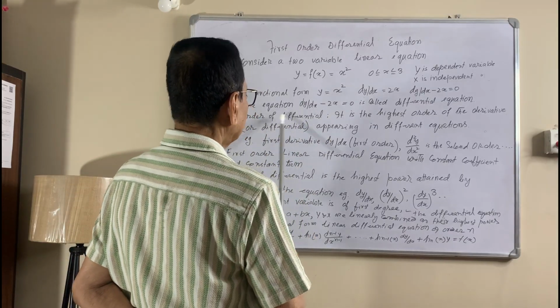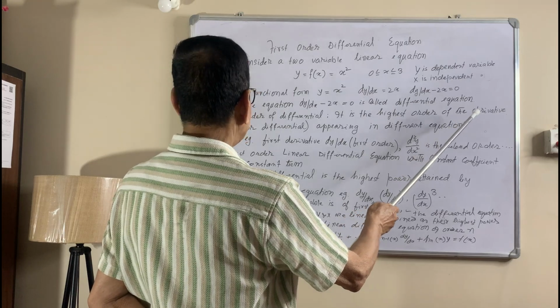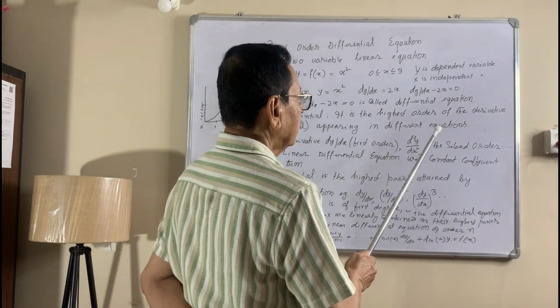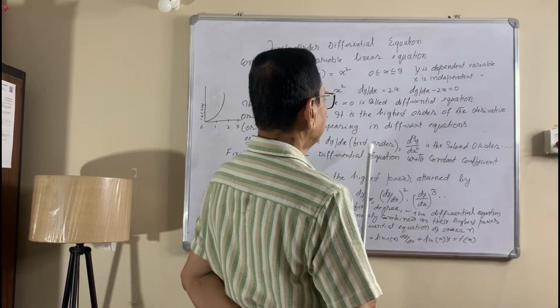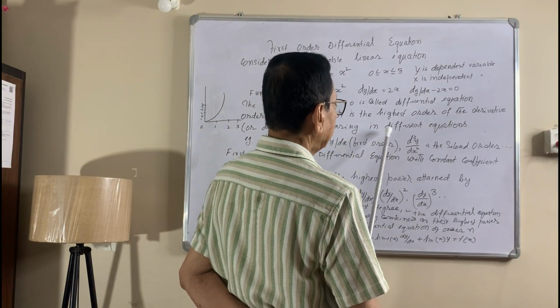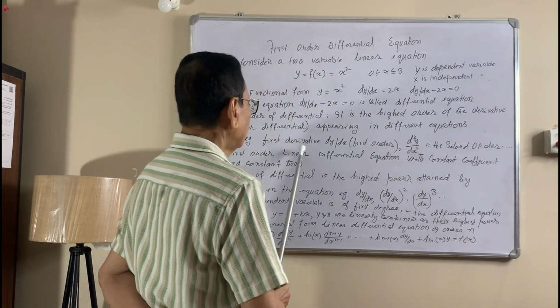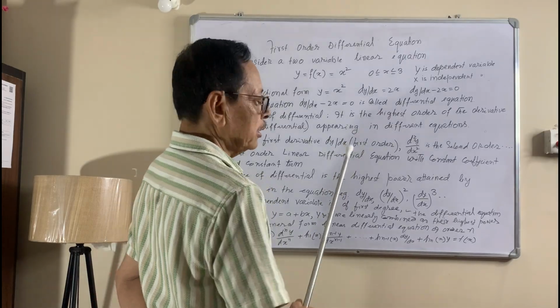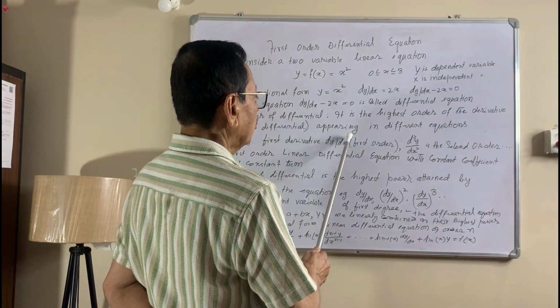Now, the order of a differential equation is the highest order of the derivative appearing in the equation. For example, the first order derivative dy by dx is first order, because the highest derivative is the first.